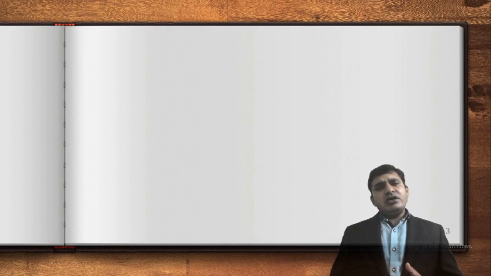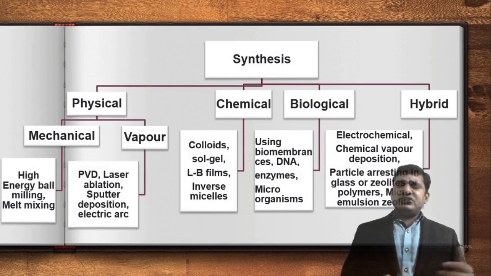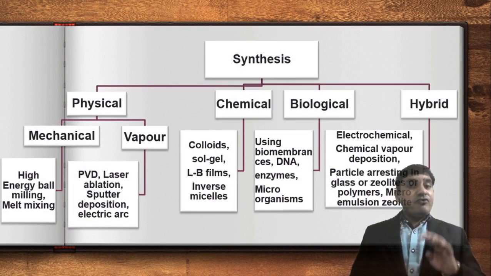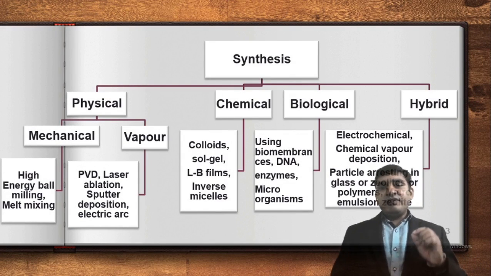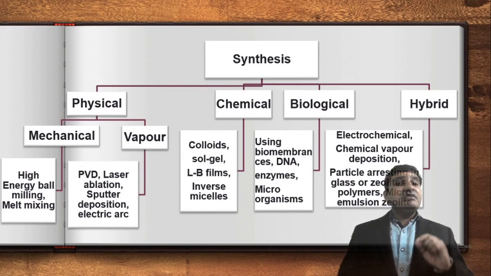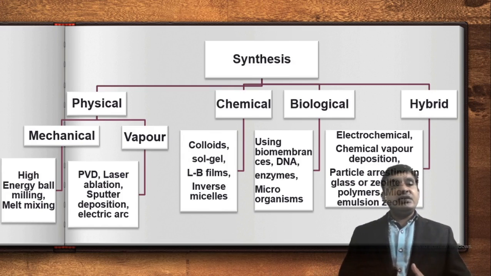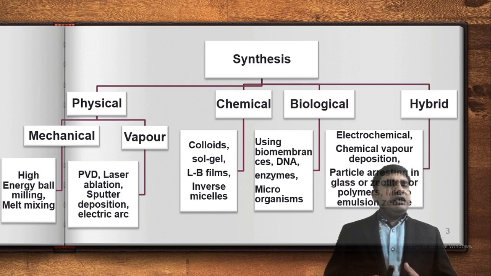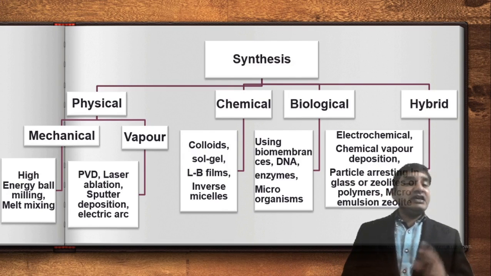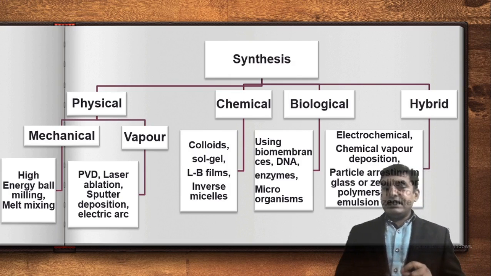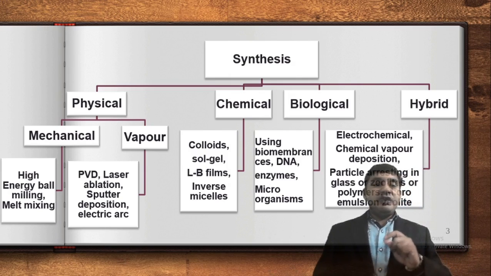Now, there are different synthesis methods. Basically we use four types of synthesis method. First is physical, second is chemical, then biological, then hybrid. In a physical synthesis method, there are again two types. First is mechanical, second is vapor.